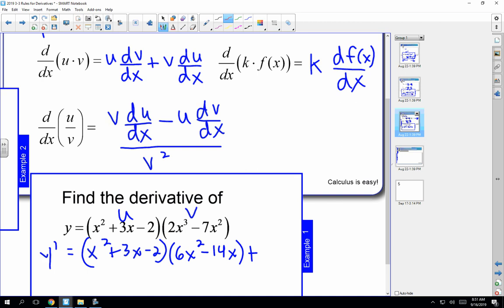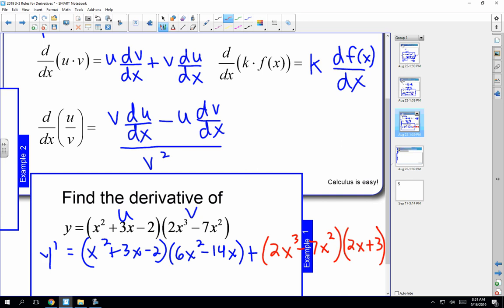We're going to just take the second function and copy it down just as you see it, 2x to the third minus 7x squared, and then times the derivative of the first, which is 2x plus 3. And you know what happens to the negative 2? 0, yeah. The derivative of negative 2 is 0.